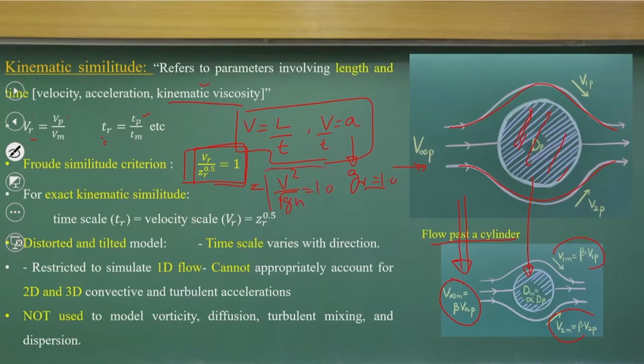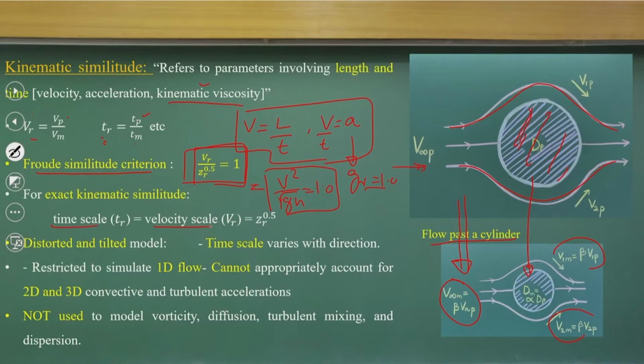So when you do this kinematic similarity, it needs the Froude similitude criteria. Once the Froude similitude criteria is satisfied, you can compute the time scales as well as the velocity scales.